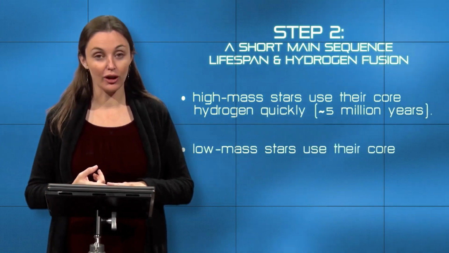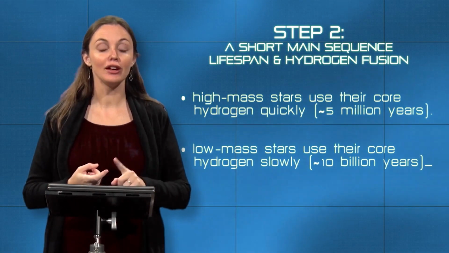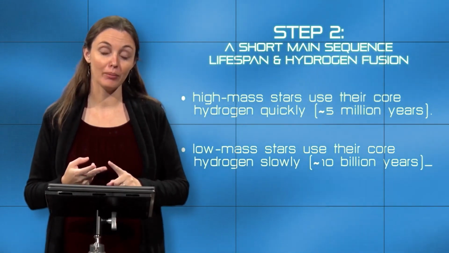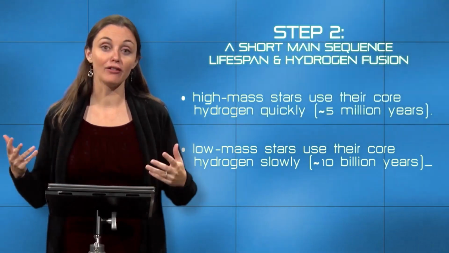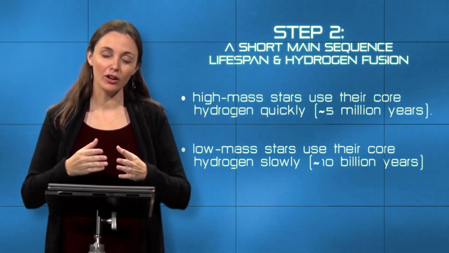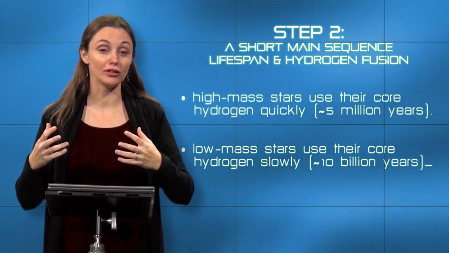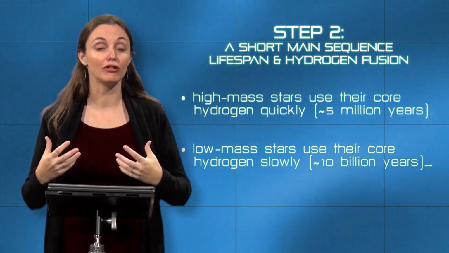A low-mass star with a lifespan of 10 billion years has a lifespan 1,000 times longer than a high-mass star that might only be undergoing hydrogen fusion for a mere maybe 5 million years. And then all of these post-main sequence steps that we're going to talk about in the formation of all these even heavier elements are going to happen really, really rapidly.